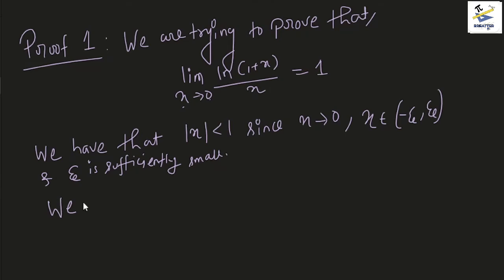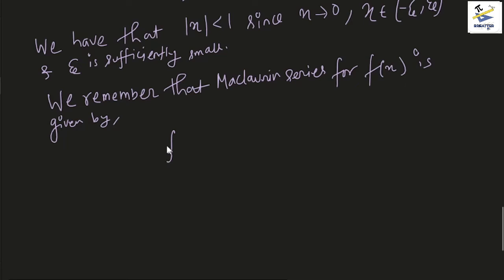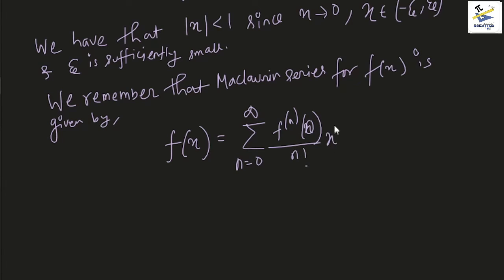We remember that the Maclaurin series for f(x) is given by f(x) equals summation n equals 0 to infinity, nth derivative of f at the point 0 divided by n factorial into x to the power n, right?